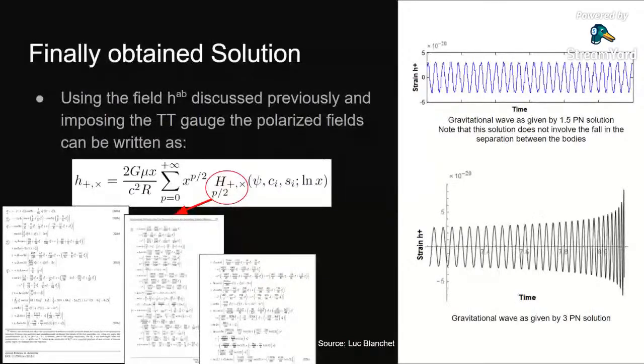If there are two black holes which are 20 times mass of sun, and if they are at a distance from here to Andromeda galaxy, then we'll see a gravitational wave which is of the order 10 power minus 20, which means if we have an apparatus of the length 1 meter, the strain or the difference in this length is going to be 1 upon 10 power 20 meters.